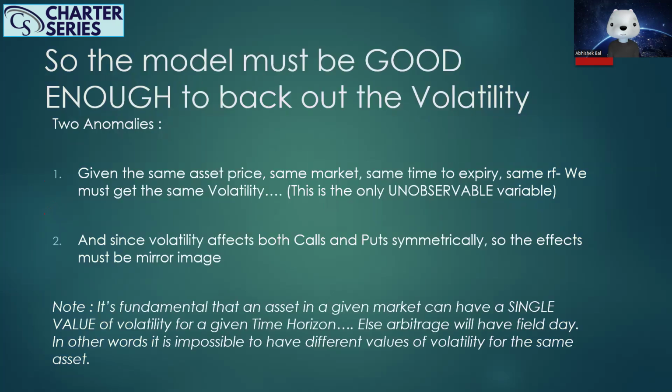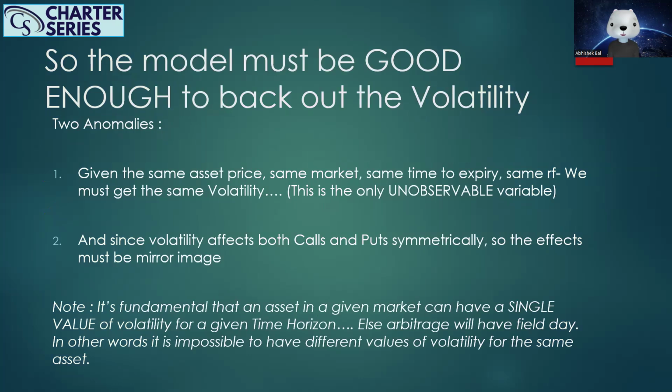Now, there are a couple of things I wanted to point out. Given the same asset, because here we're talking about the volatility of the underlying asset, understand that in a given market, a single asset for a given time horizon cannot have two different volatilities. It is absurd, right?